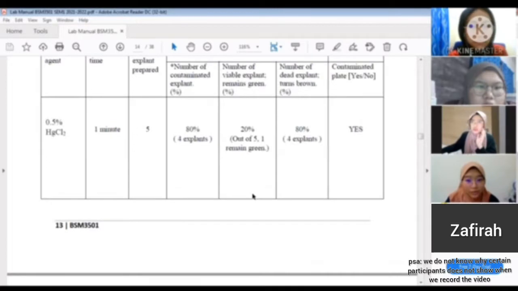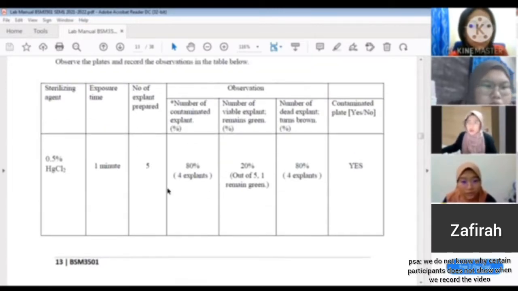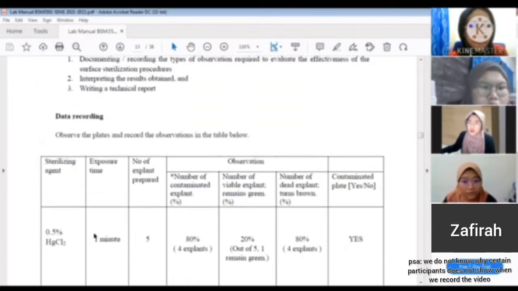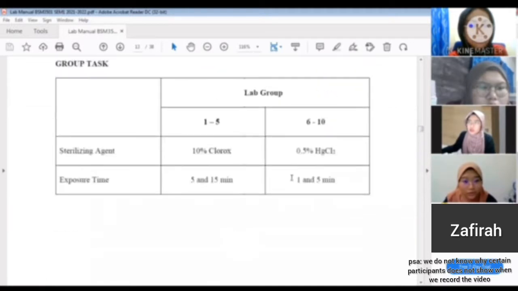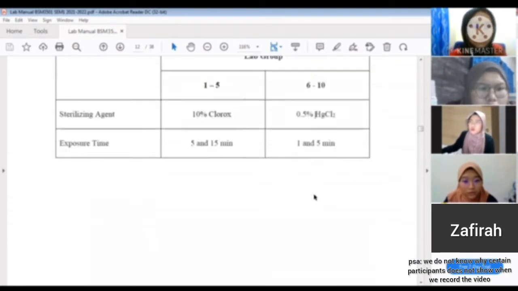This is our group's results. Because we are from group 8, we are using 0.5% HgCl2 with the exposure times of 1 and 5 minutes.